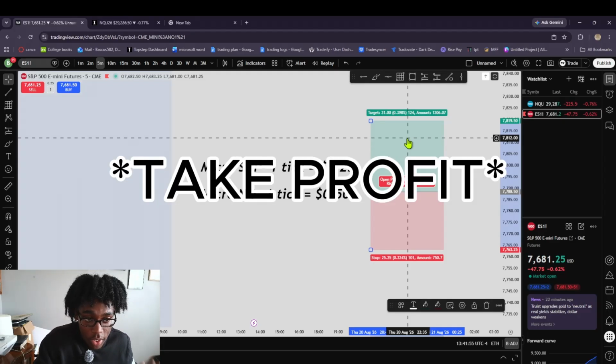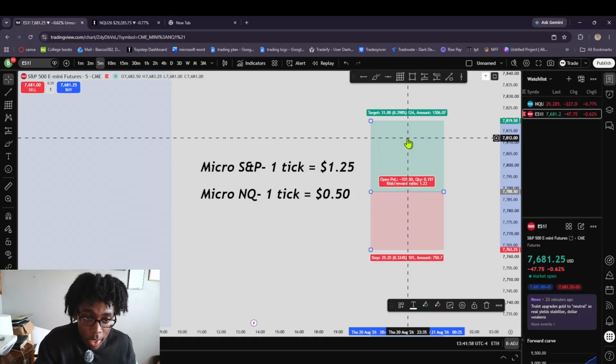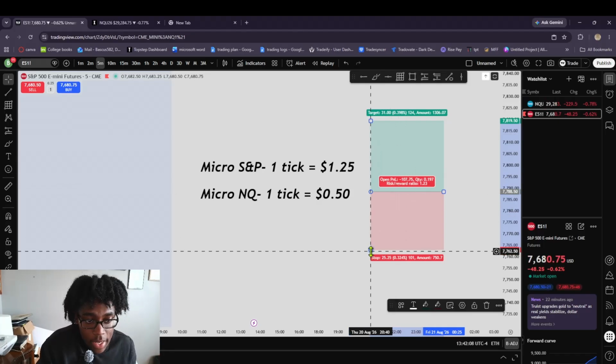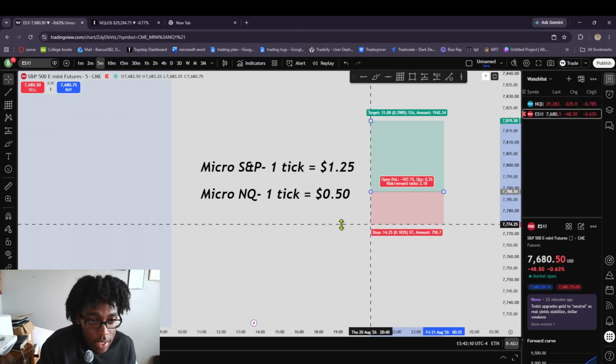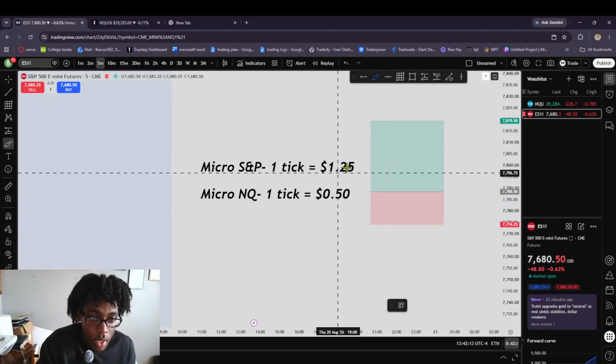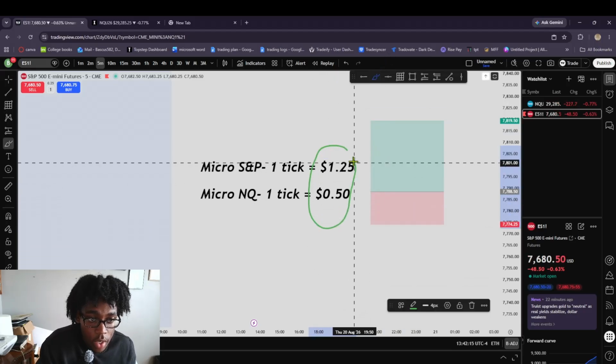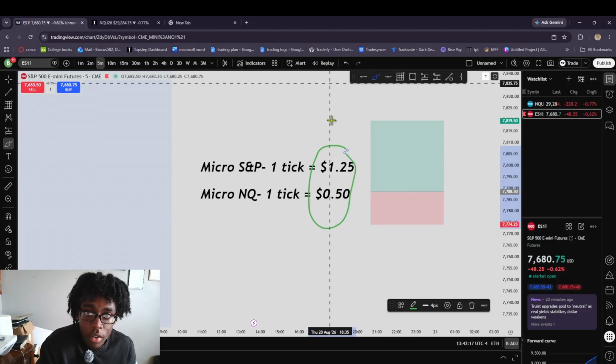Always remember, your stop loss and take profit are under the same formula, whether it's micros or minis, according to how many ticks and according to how many contracts you are using. Yes, can you have a take profit and stop loss with different ticks? Yeah, but you are still under the amount of contracts according to this number right here, whether you're on micros or minis.